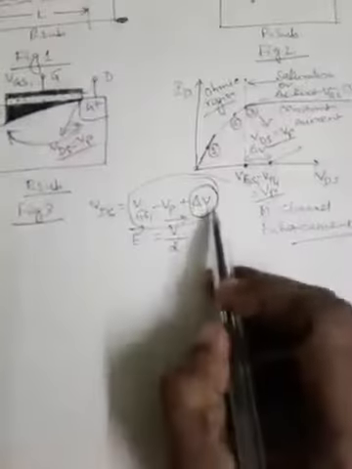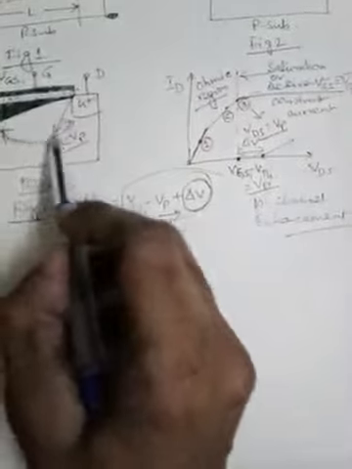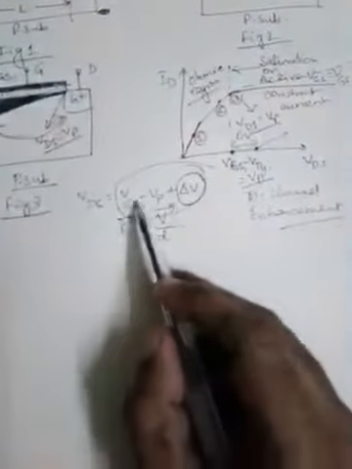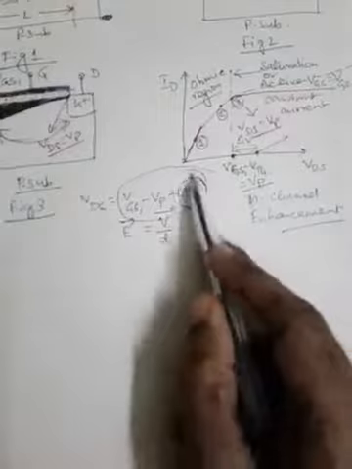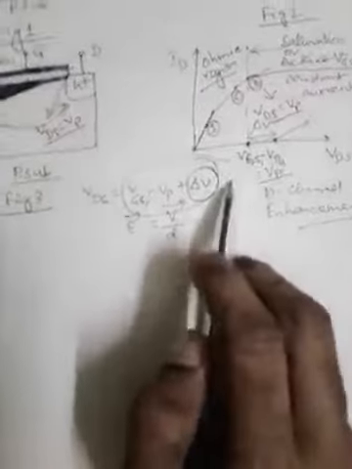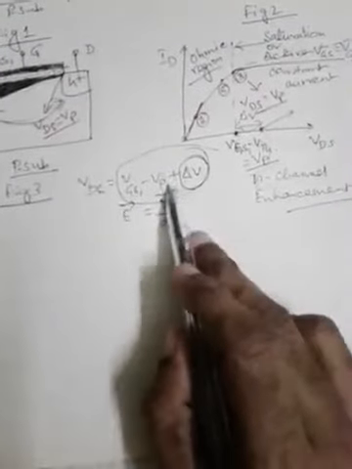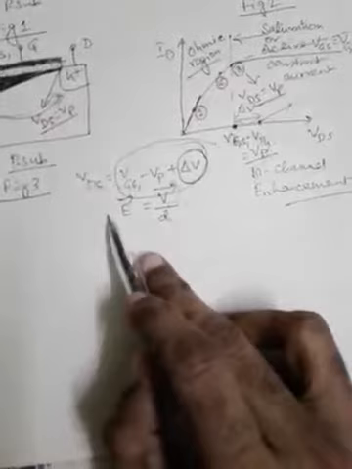Now since we have applied extra voltage delta V, this channel length L is responsible for this total voltage VGS1 minus VP plus delta V, and this voltage is proportional to the electric field.